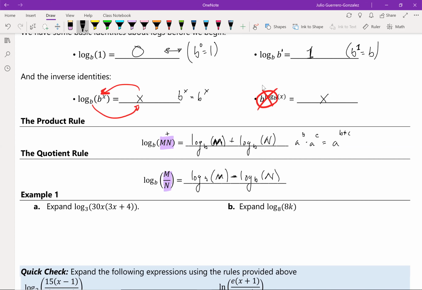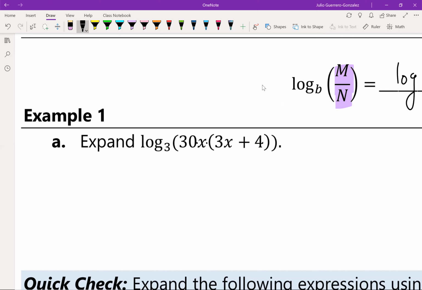There are two multiplications here, right? You can do this or you can do them all separately, it doesn't really matter. I'm going to treat them as two different things there, right? So then I'll have log base 3 of 30x plus log base 3 of 3x plus 4, right?